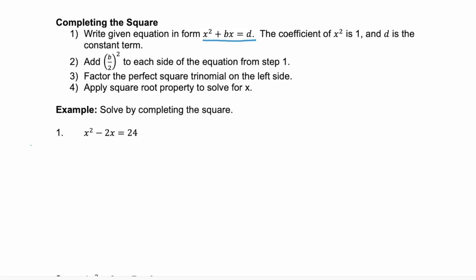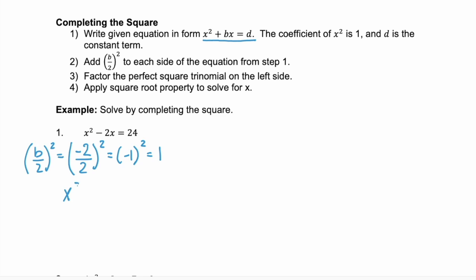Now we need to determine what b over 2 squared is. Well, our b is negative 2. So we have negative 2 over 2, and then we have to square it. Or it's negative 1 squared, which is just 1. That was step 2. Now we add this to both sides.